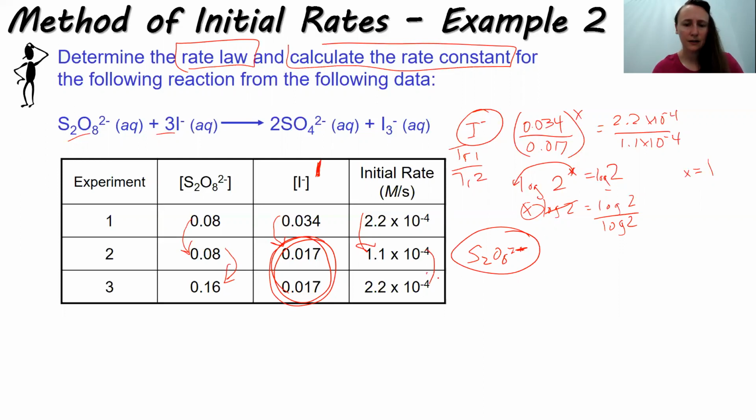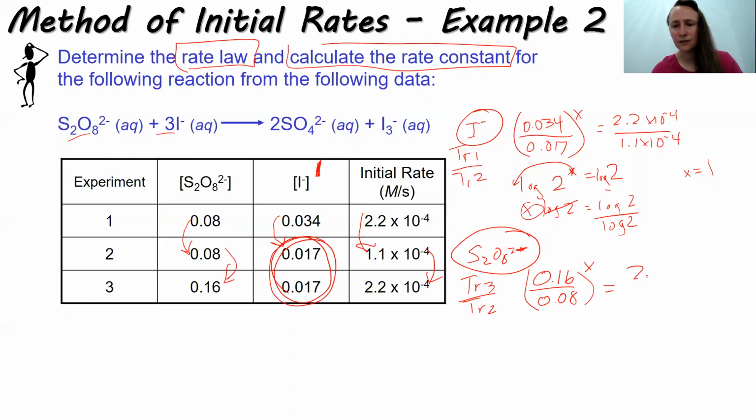So I'm going to look at trial 3 over trial 2. So trial 3, 0.16 over 0.08 raised to the power. You always put a concentration factor raised to the exponent is equal to the rate factor.